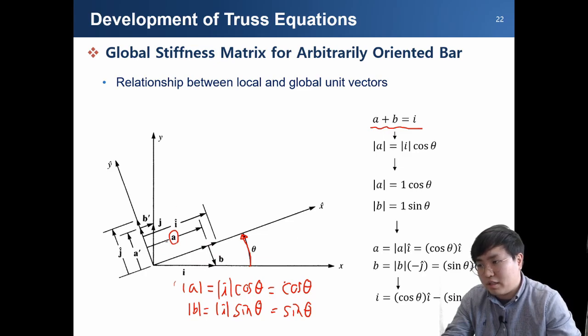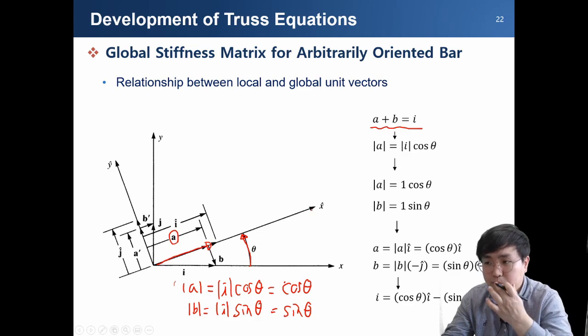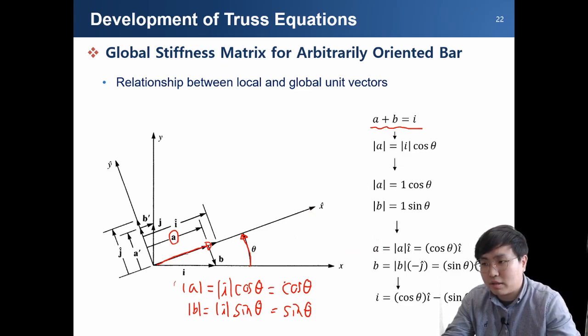We can easily say that the direction of vector A is along the x-axis in the transformed coordinate system, so vector A has this magnitude, and then we need a direction, so here we are going to use hat unit vectors.